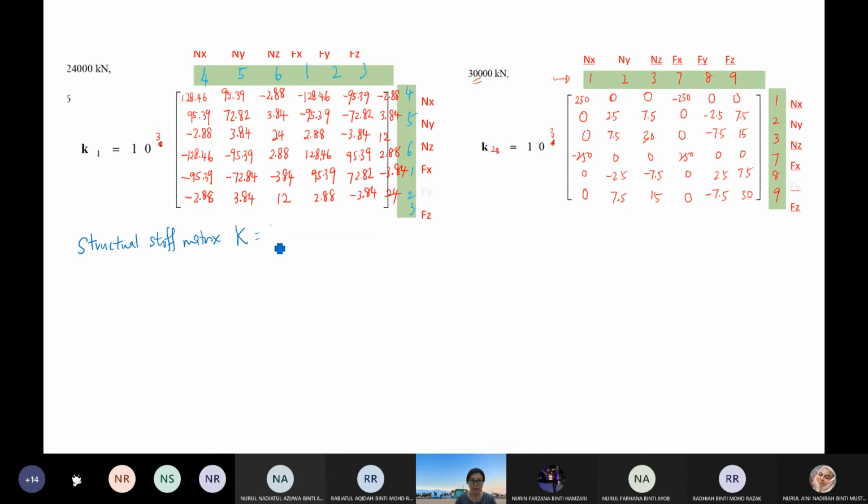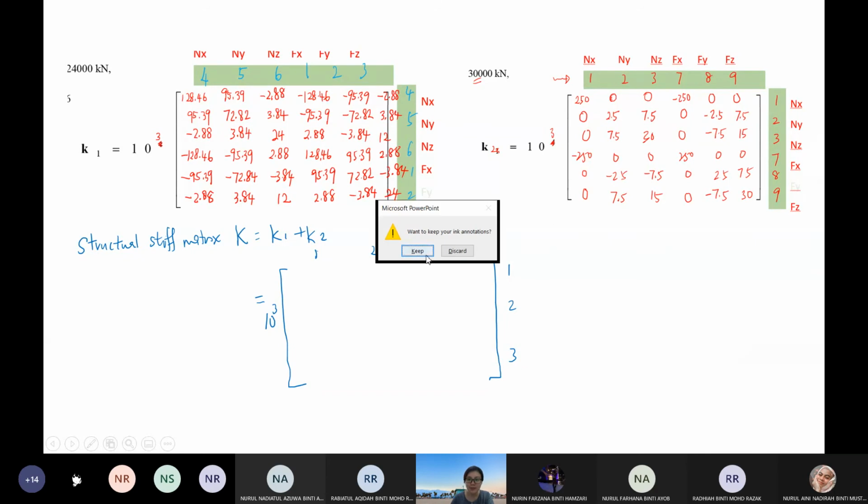K is equal to K1 plus K2. And we don't find all of it, we find partly the region K11, which is associated with 1, 2, 3 by 1, 2, 3 only. So we have 10 power 3 here. Let me ask for help from your class.